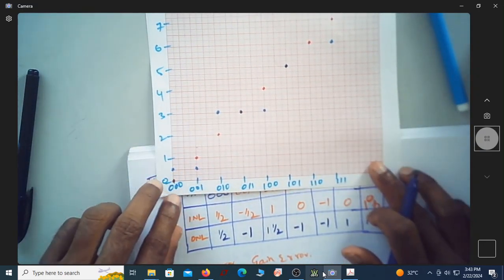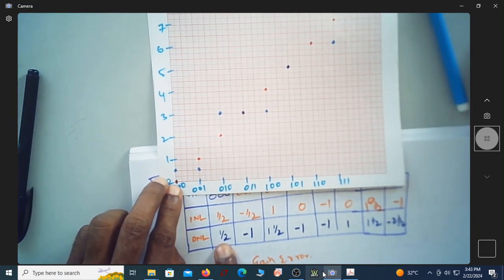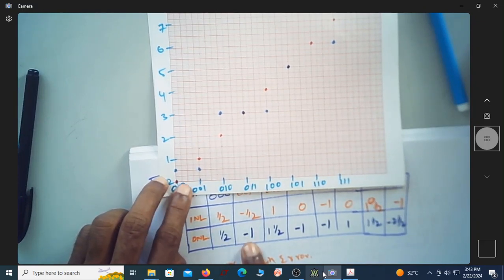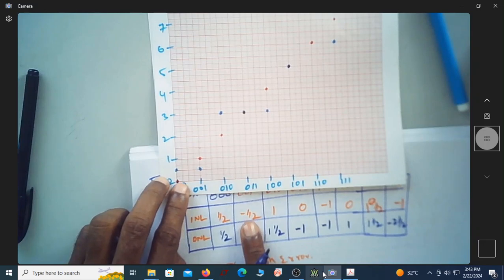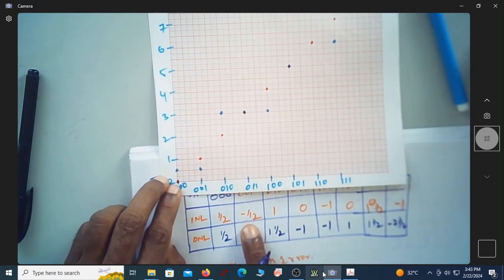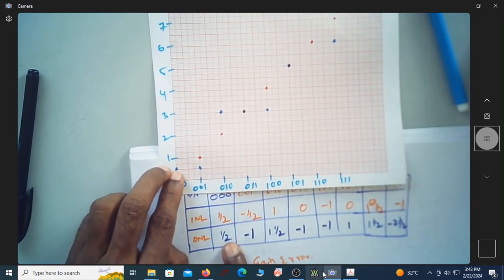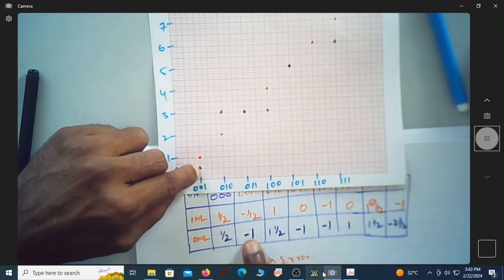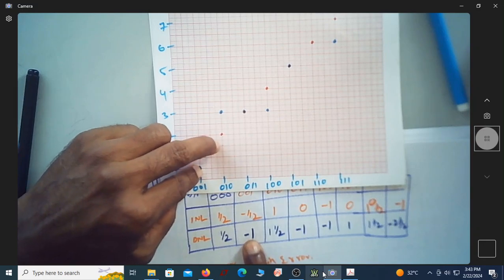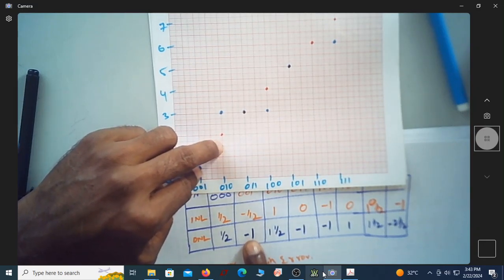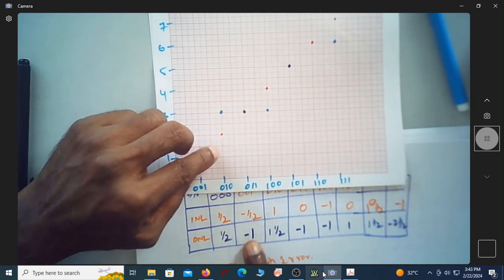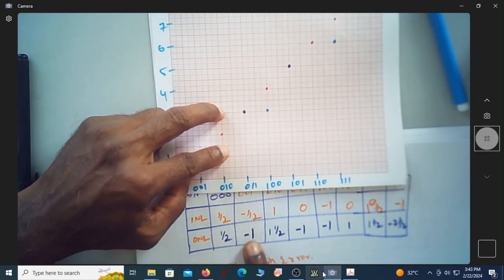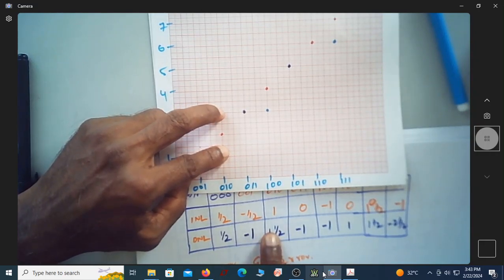Okay, let me just repeat. This is initially half LSB. Now see, this is plus half LSB. From this would have been here, but it's actually here, it's minus 1 LSB. From here, this would have been here for 0 DNL, but it's actually here. So from this to this, it's actually 1.5 LSB. That's why it is 1.5 LSB.